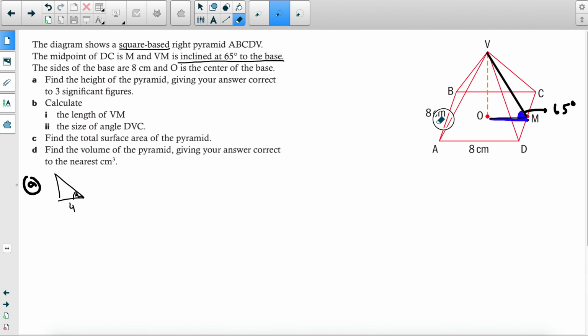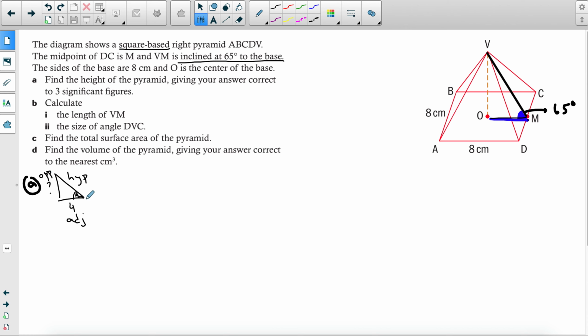It's not half the diagonal. If it was half the diagonal, then it's a completely different length. But it's half of 8. So this will be 4, and the length we're looking at is the height, so we're missing the length here. And you can label the triangle now. We have the hypotenuse, the adjacent, and the opposite.